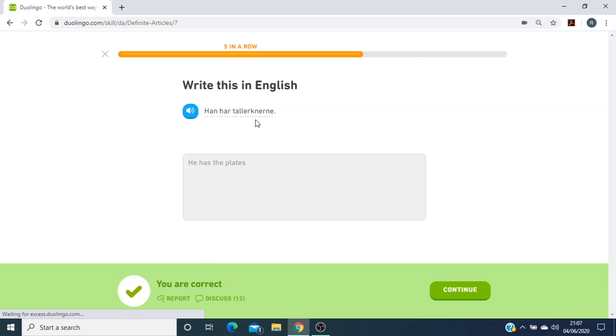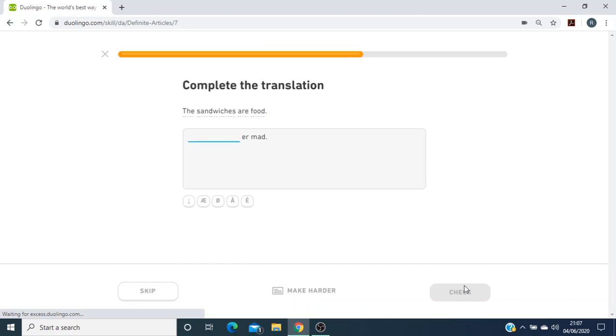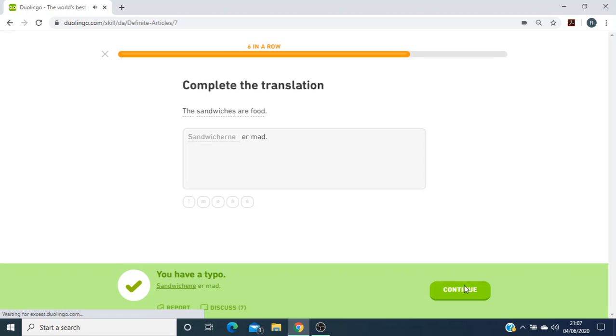That's a really strange plural form, that one there. So I just thought I'd point that out to you. Sandwiches are food. Sandwichene, doesn't have the ER at the end.